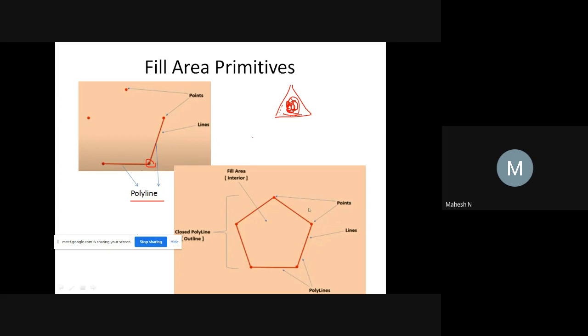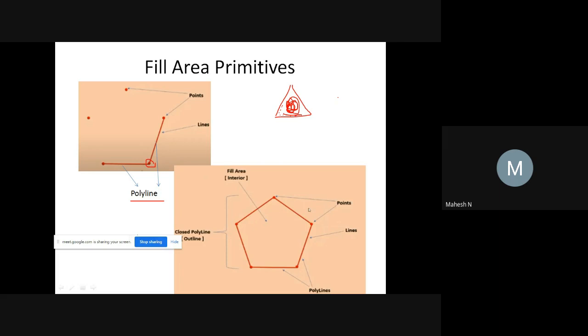I will tell you the difference between polyline and polygon now. Polyline means a line which has at least one vertex common.